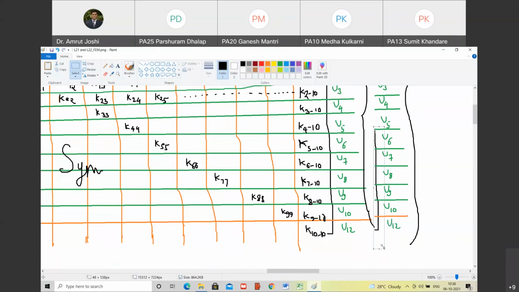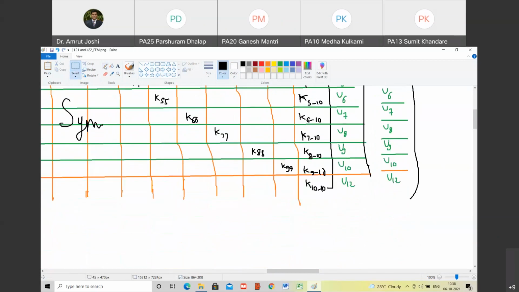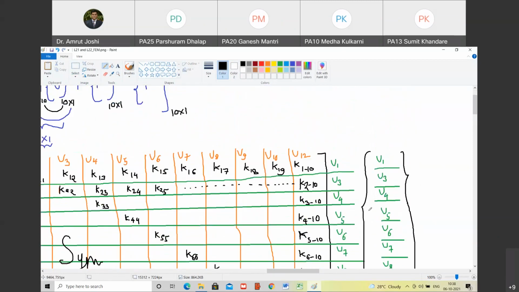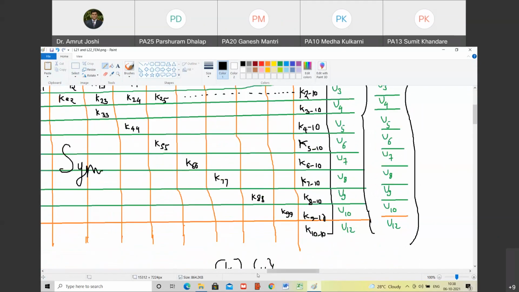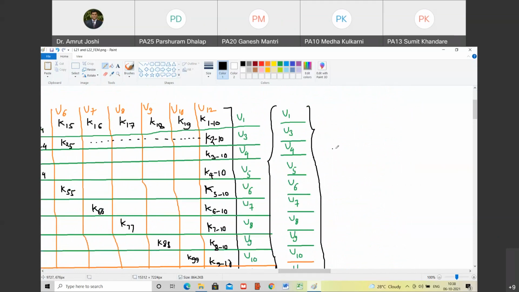Yes, sir. So essentially what I am trying to write down is K times U. Happy? Yes, sir. Okay. Now what is the next term? FR matrix. So can I write down the FR matrix here? Plus.